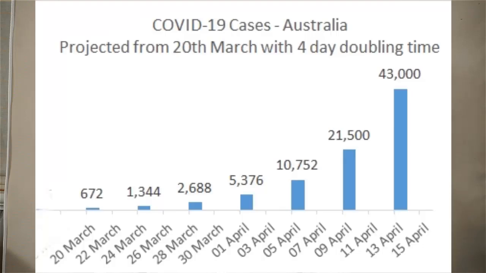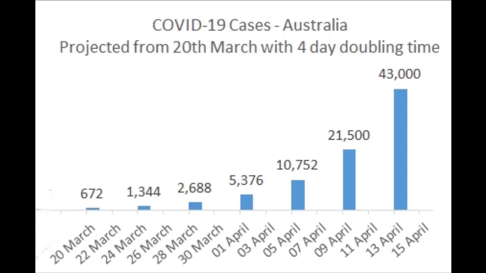And often exponential growth creeps up on us before we realize it, and we get surprised when the numbers get really big. So let's look at what a doubling time of 4 days does to the numbers in Australia if we project out from the 20th of March right through to April. So on the 16th of March we had 336 cases, which means that if we double over 4 days to the 20th of March we have 672.